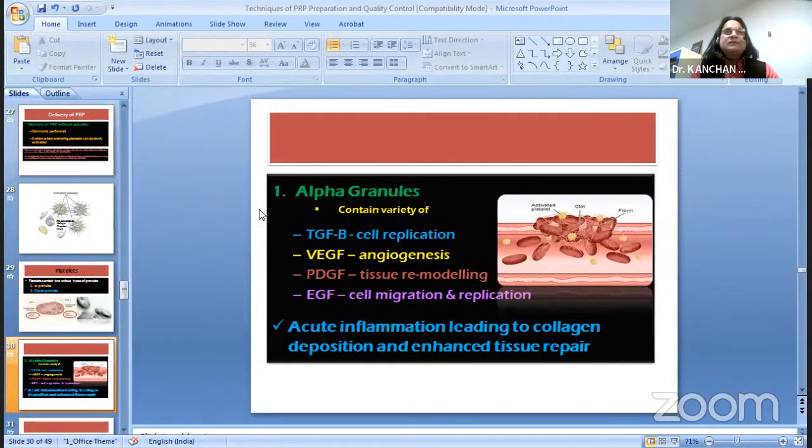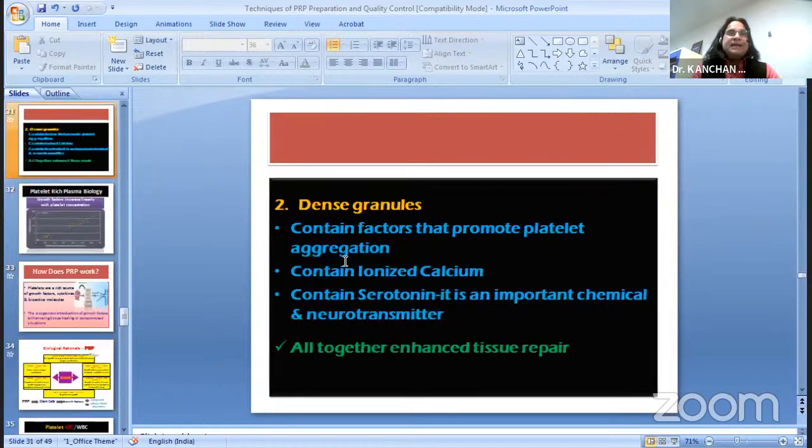You know, alpha granules contain many growth factors, like TGF, transforming growth factor, vascular endothelial growth factor, platelet-derived growth factor, endothelial growth factor, and many more. All these growth factors act on inflammation, leading to collagen deposition and enhancing tissue repair. Same thing, dense granules contain factors that promote platelet aggregation. They contain ionized calcium. Dense granules contain serotonin, an important chemical and neurotransmitter. All together they enhance tissue repair.